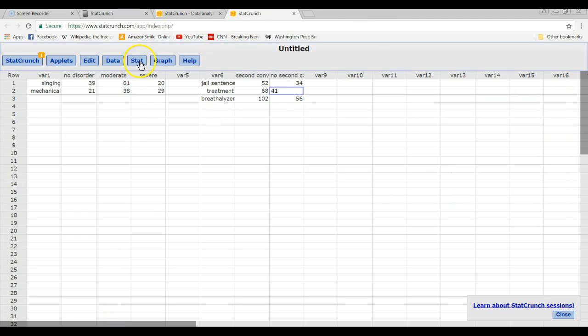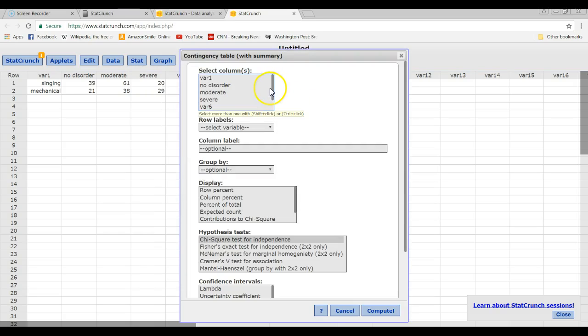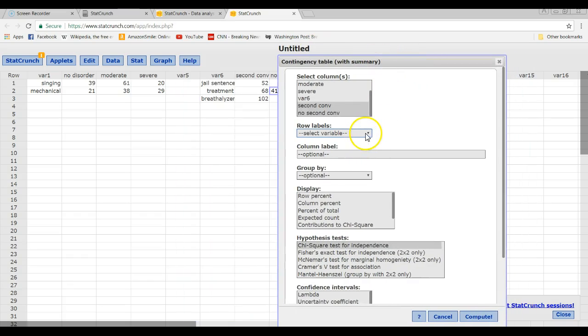We can just go to Stat, Tables, Contingency, here again with Summary. Select our columns. We've got second conviction and no second conviction. For this one, our row labels are in the 6th column.